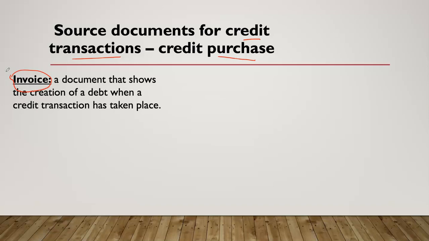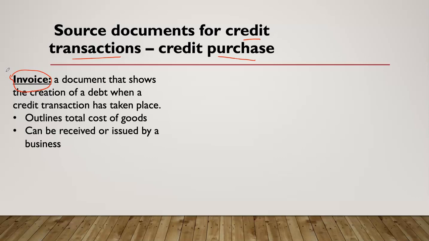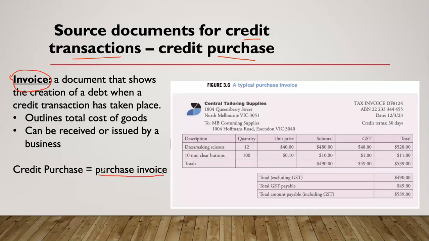So an invoice is going to tell us that a credit transaction has taken place, and it's going to outline the total cost of the goods, when it's going to be received, and if we can identify that the credit transaction is a purchase, so I'm purchasing on credit, we call this source document a purchase invoice. And it might look something like this.